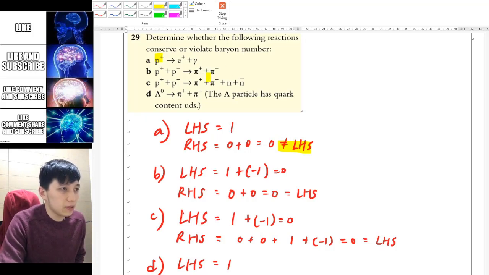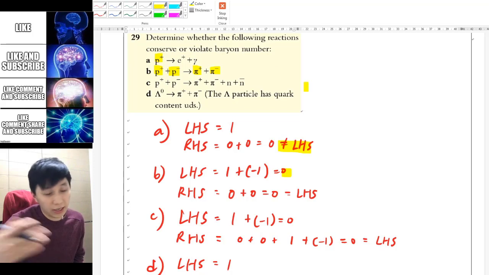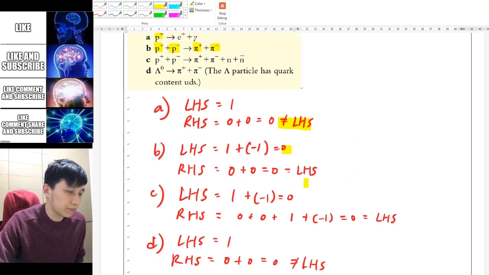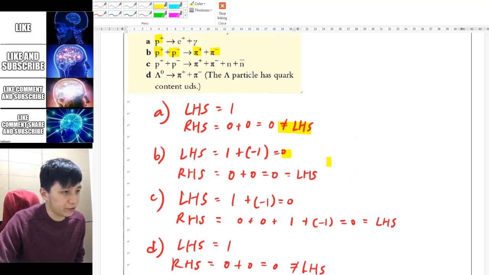For part B, you have a proton and antiproton, so obviously it will become 0, they cancel out the baryon number. And for the other two, not because they cancel out, it's simply because they are both mesons. Pion is a meson, so it's 0 plus 0. This one is fine, it will be conserved.